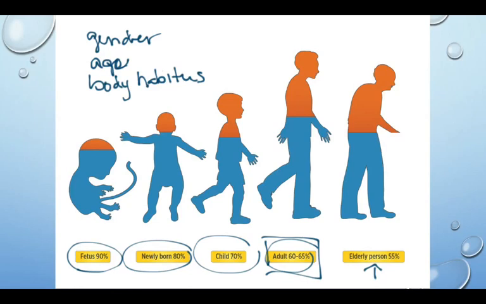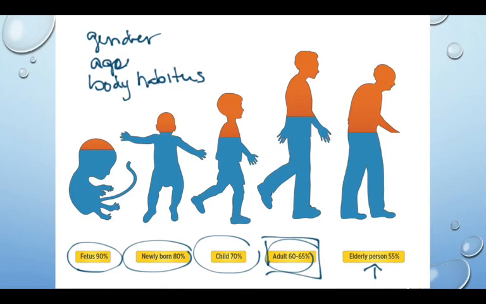As we age, we lose muscle, and that causes a reciprocal increase in the total body fat. So as we age, we're going to lose some of our muscle and we're going to gain body fat. That's why the elderly have less water than adults. Okay?